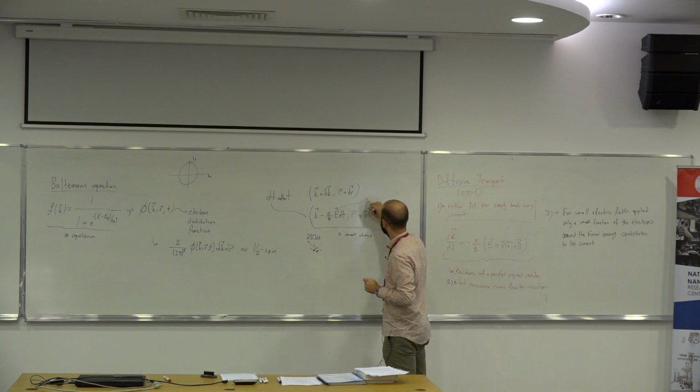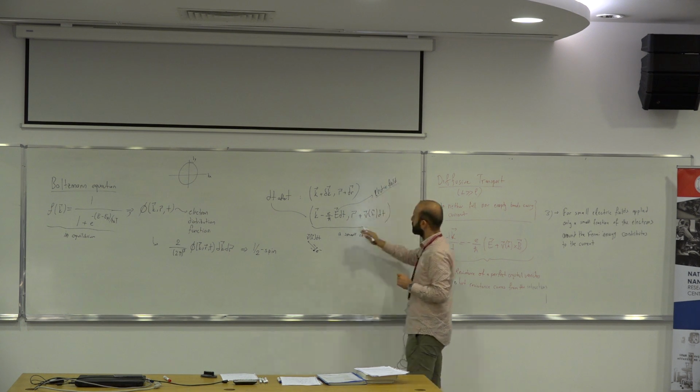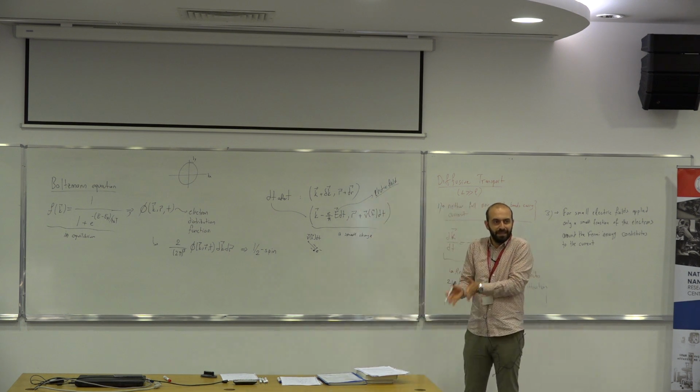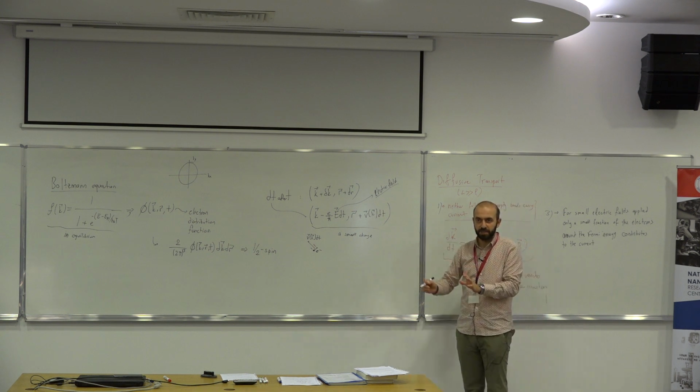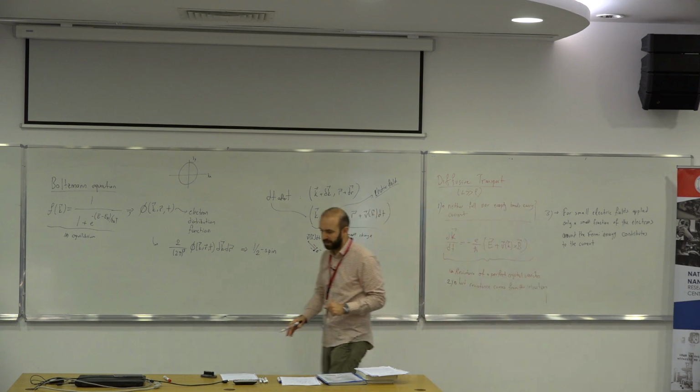Okay, so this is electric field, not energy. So what this equation tells me is that in K space, because of this force, K value will change by that much. So nothing fancy, nothing complicated.